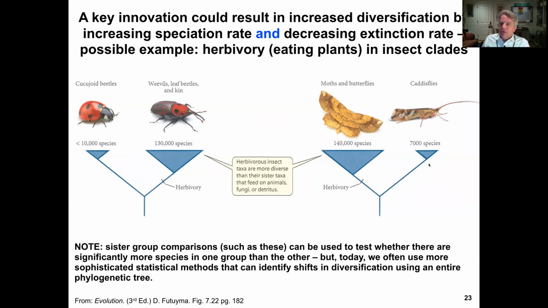And over here, we have caddisflies, which spend most of their time as aquatic larvae. They are not herbivorous, whereas their sister lineage, the Lepidoptera, the moths and butterflies, are, and they have 140,000 versus 7,000 species. So the fact that these herbivorous insect lineages are more species rich suggests that herbivory is a key innovation that would have driven the speciation rate as well as lowered the extinction rate.